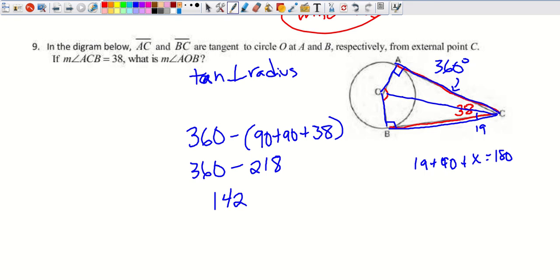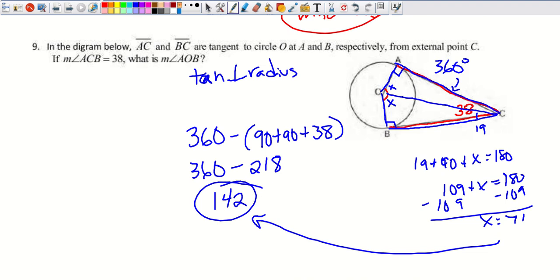Remember that the answer we get here is actually this one angle, and there's two of those x's that make up the whole thing. So if we're doing it like a triangle, we're going to get 109 plus x is equal to 180, and then when we subtract 109, we're going to get x is equal to 71. And so 71 and 71 gives us 142.